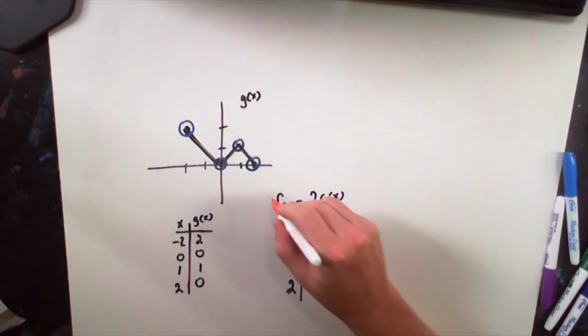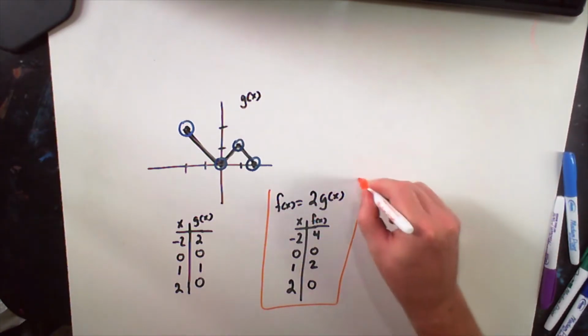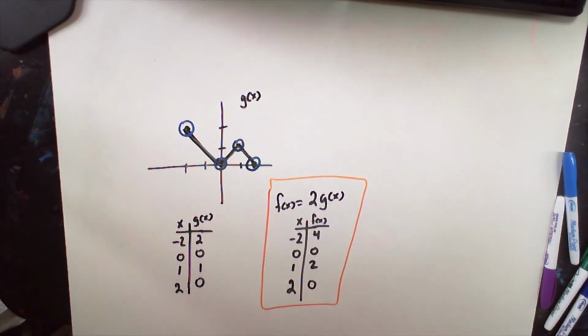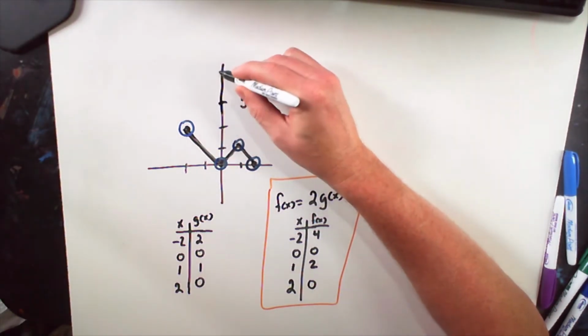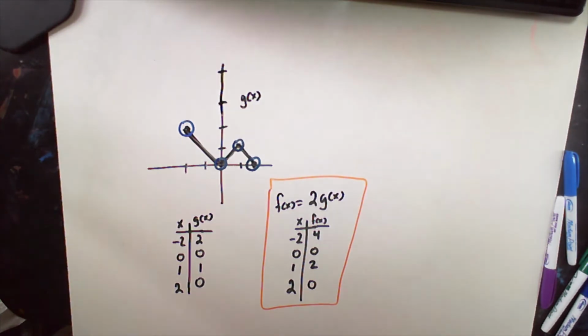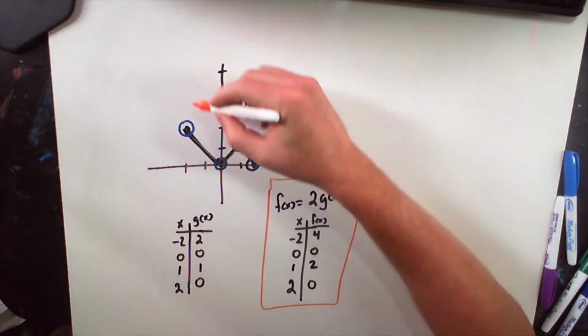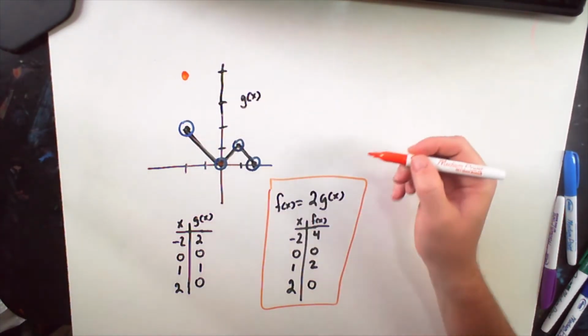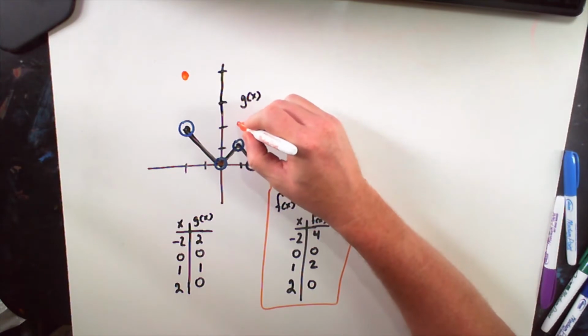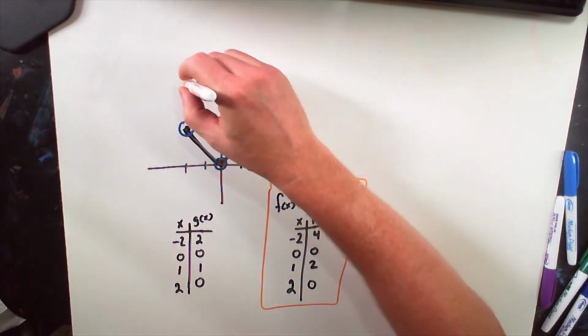So let's take this and, on the same graph that I had before, I'm going to put this in orange. And I need a slightly larger 1, 2, 3, 4. So I've now got the point negative 2, 4, the 0, 0 point, the 1, 2 point, and then the 0 point.